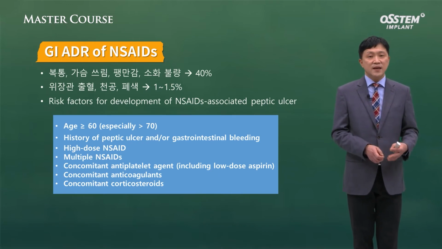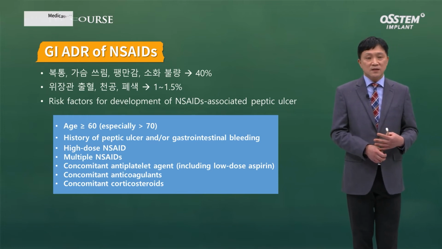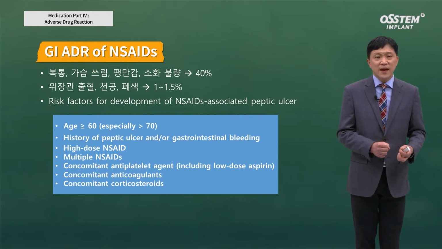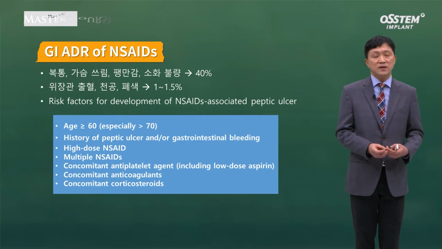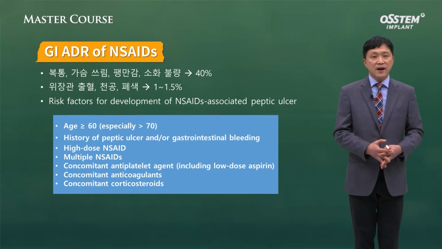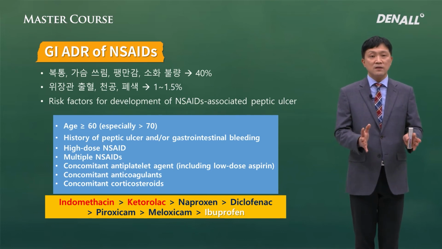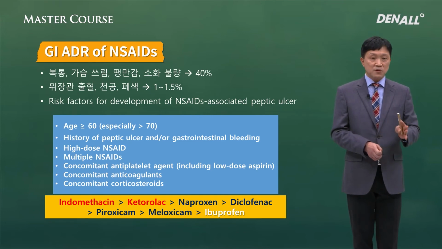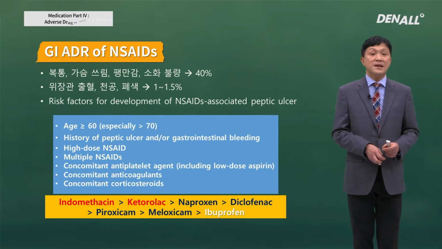History of peptic ulcer and or GI bleeding, high dose NSAID, multiple NSAIDs, concomitant antiplatelet agent, concomitant steroids. GI trouble possibility would go up quite high, and the medications with extremely high ADRs are ketorolac, followed by naproxen, diclofenac, piroxicam, meloxicam, and ibuprofen in that order.